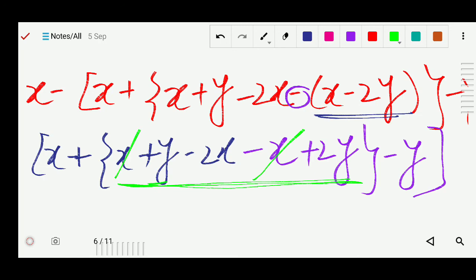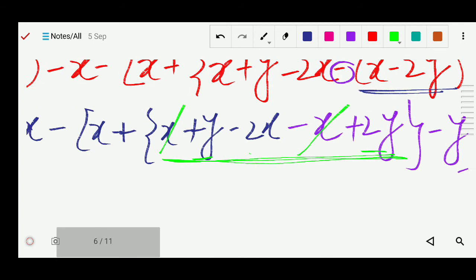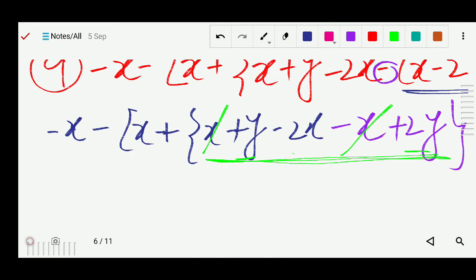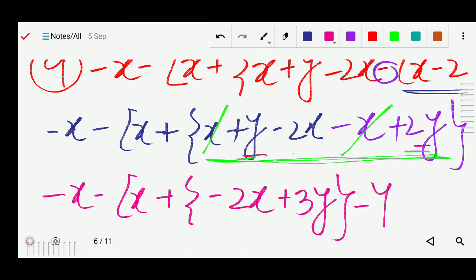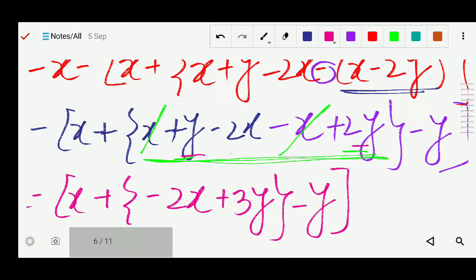Now this y and plus y, so 3y will be there, and 2x, okay, so minus 2, again you write it, so minus x plus, okay, inside the bracket, so 2y, here it will be minus 2x only, so minus 2x you write. Now 2 plus 1, this y terms you can add it, so that will be 3y, okay, now close this bracket, and outside there is a minus y also, okay, this minus y.